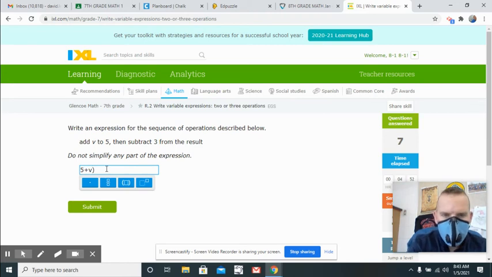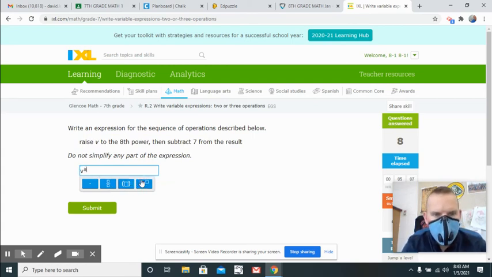Subtract that result from 3. V raised to the 8th power. Subtract that, then subtract 7. So we'll put it in parentheses. Minus 7.